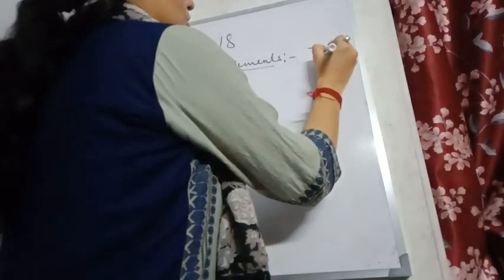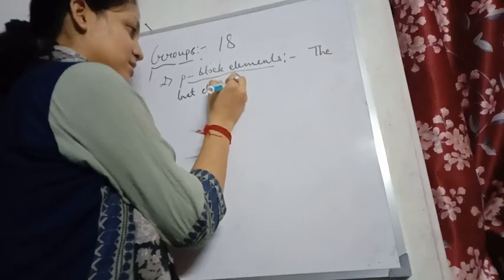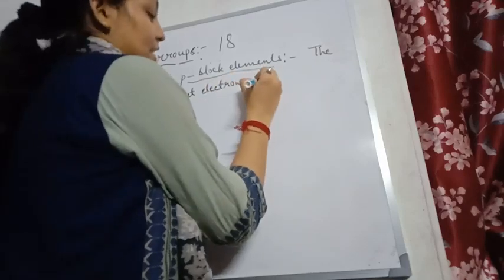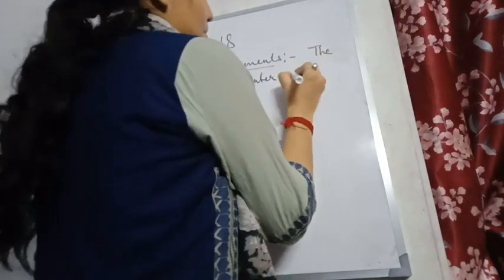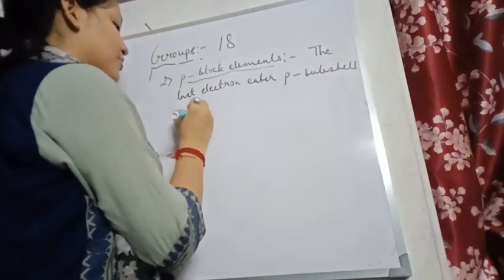Those elements where the last electron enters the p subshell of a valence shell.